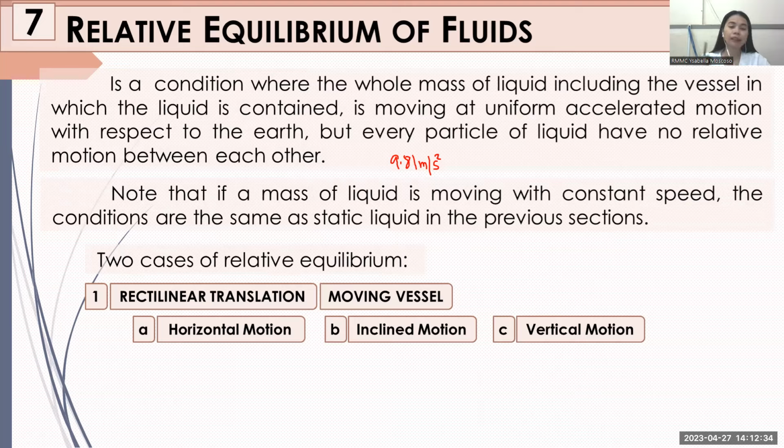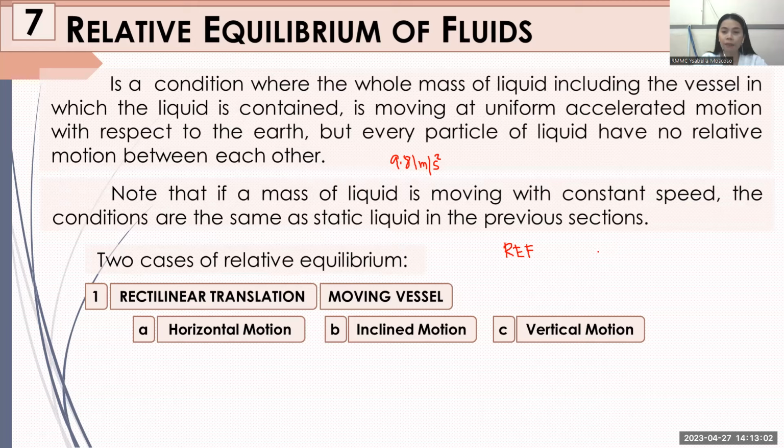So pag sinabi nating translation, it means it is the whole mass with respect to the acceleration. So dito may pakilala ako sa inyo, which I think nakilala niyo na during your dynamics, which is REF, your reverse effective force. Reverse effective force is the opposite motion of your acceleration.